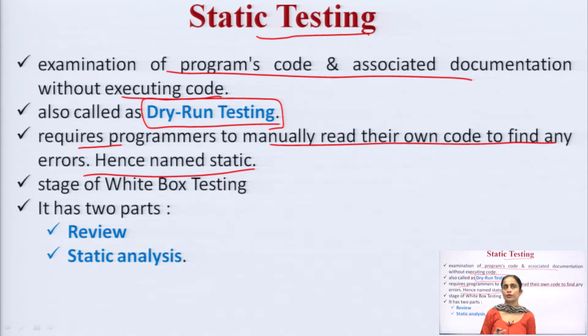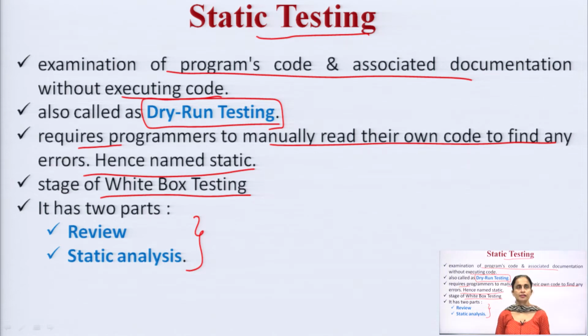Whatever modules were thought of in the design document, are they properly made, executed and tested further or not. It is a kind of stage of white box testing. Static testing basically consists of two parts: one is review and the second is static analysis.